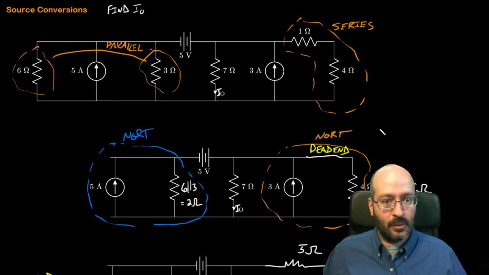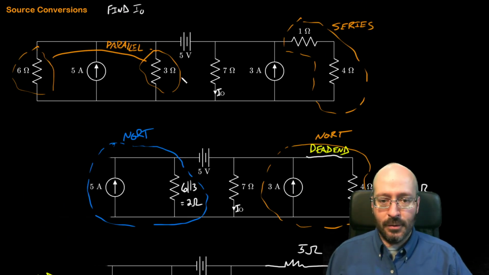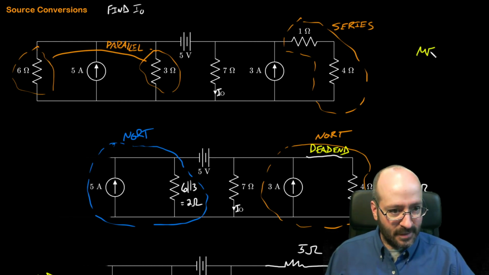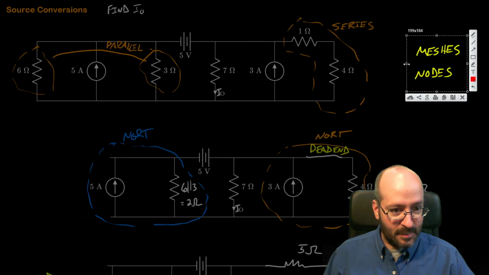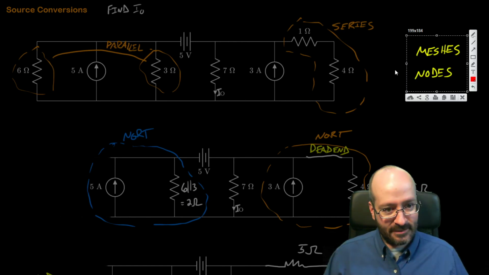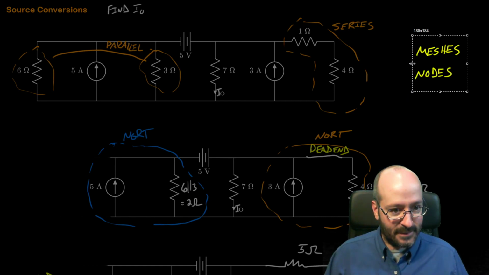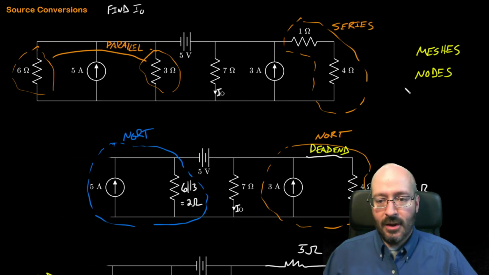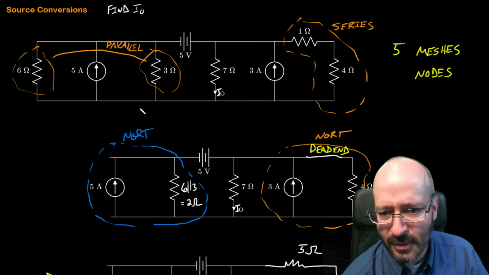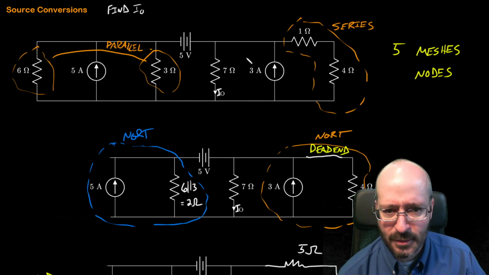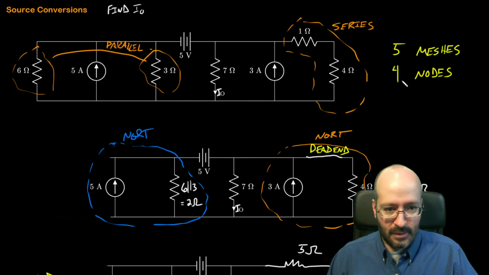So what did we start out with up here? 1, 2, 3, 4, 5 meshes. Let's play this game. Meshes, nodes. We started out with 5 meshes and 4 nodes.